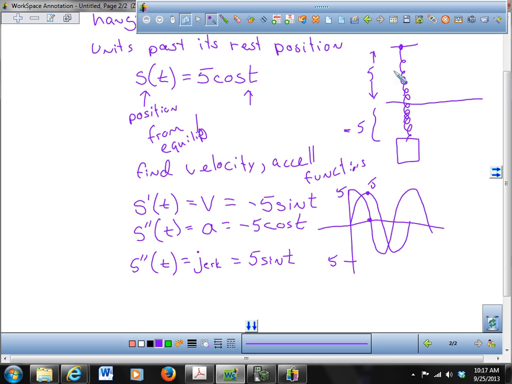But the jerk there looks like 0 because, when I get to here, what's happening to the velocity of my spring? What is it at the very top? 0. When I go all the way up, it's slowing down, because it starts with a 0 velocity, and then the velocity gets faster and faster.